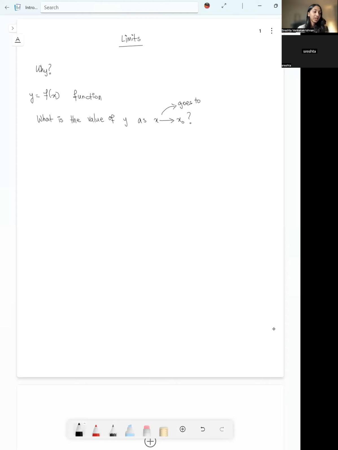An application of this is something that you're all probably familiar with, the concept of velocity.